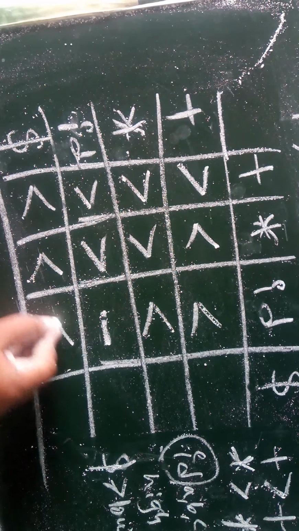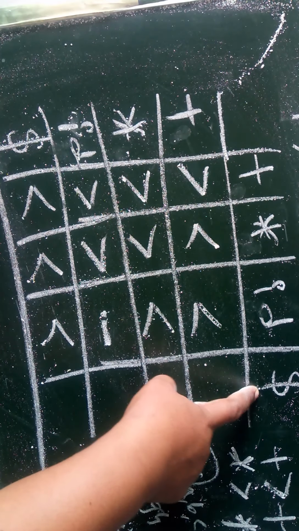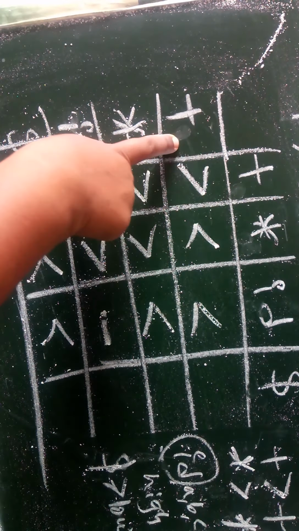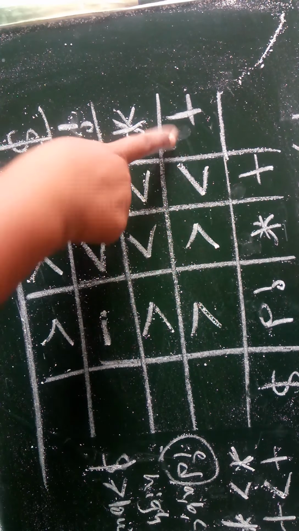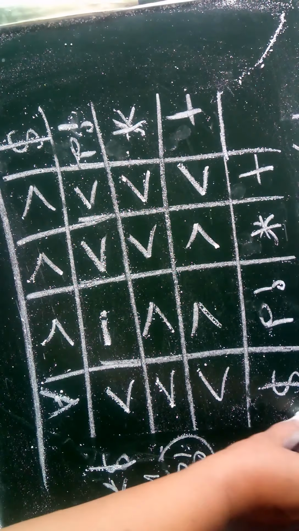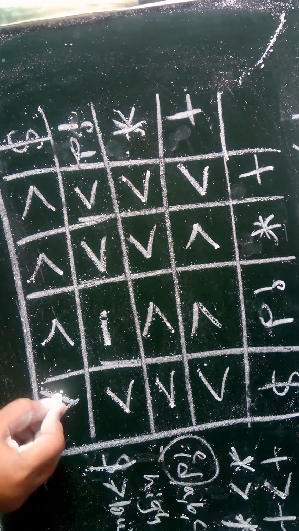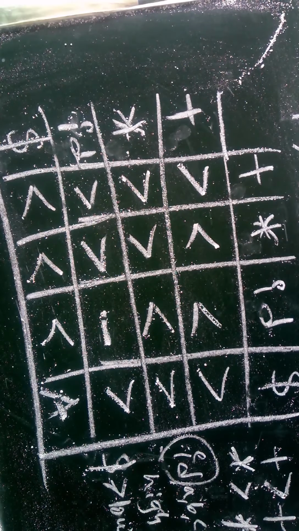Dollar ID: ID is given high priority. Plus dollar: dollar is given low priority, so obviously high priority goes to plus. Star dollar, ID dollar: ID is given higher priority. Dollar dollar means acceptance state, as already seen in the basics. We put capital A, which means acceptance state.